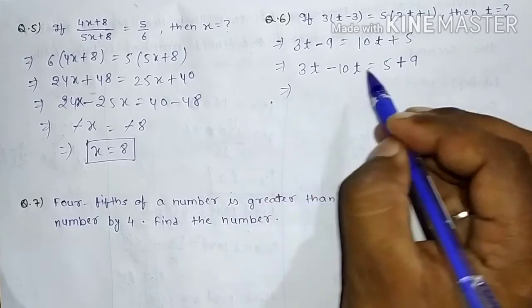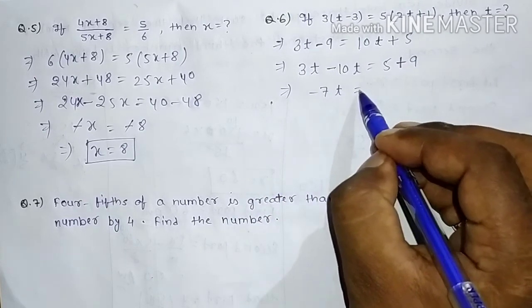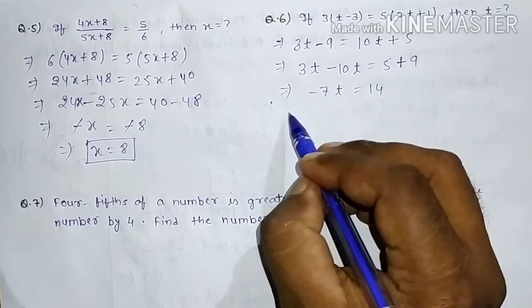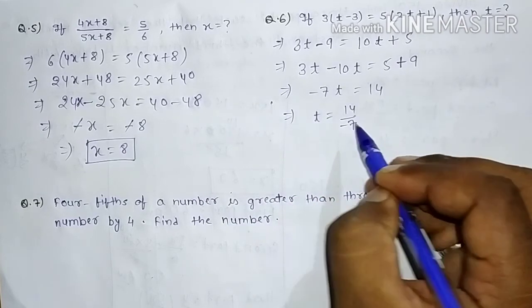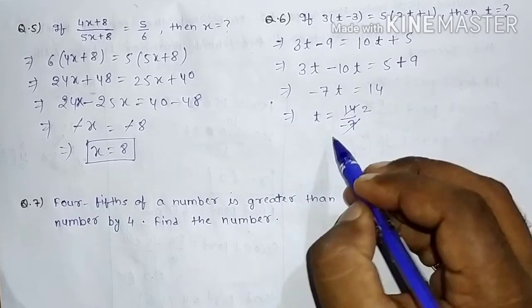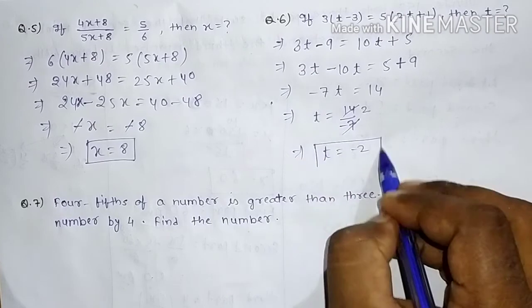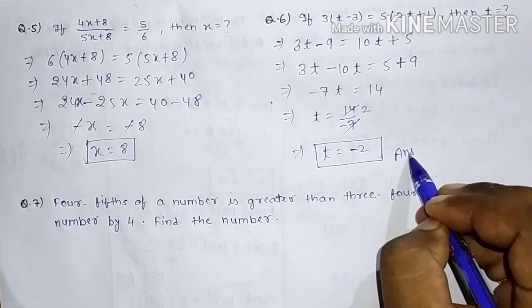Now 3t minus 10t, that is minus 7t, equals 5 plus 9, that is 14. Now t equals 14 divided by minus 7, and 14 and 7 will cancel out. 7 twos are 14. Now the answer will be t equals minus 2. Now this is the answer.